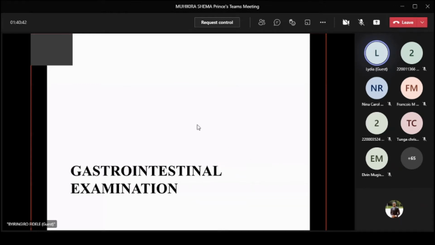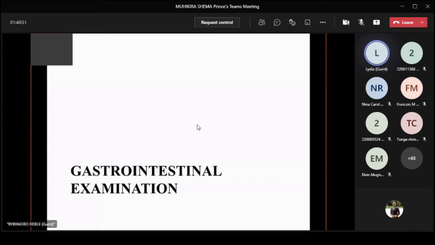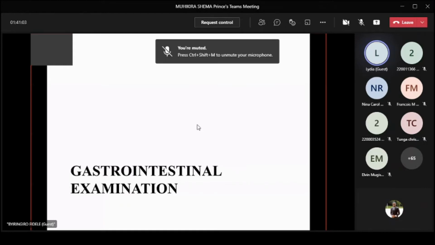So what do you think the patient has, even before you start asking questions? He may have a problem causing him not to sit. Which problem? That's my question. Maybe a problem on his buttocks.